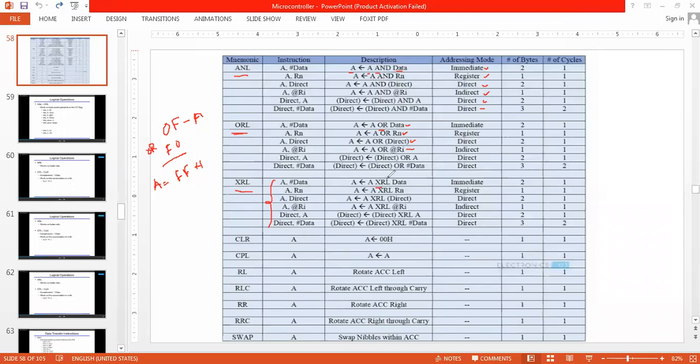XOR operations, we have come across XOR operation, no? So here what will happen? Say for an example, I have the data 0F. So tell me what will be the answer if I go for XRL between these two.